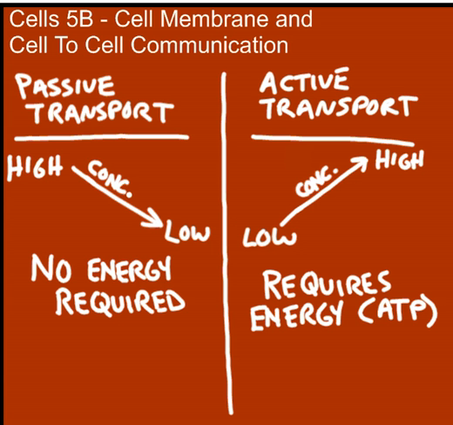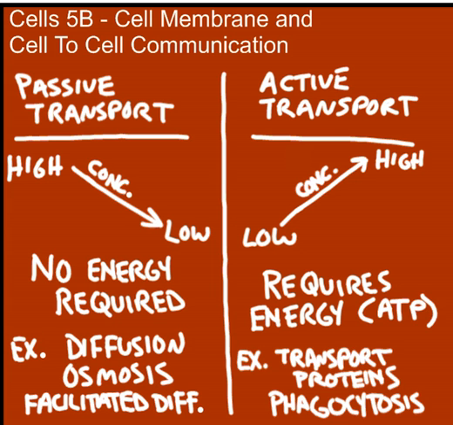Active transport is going to need energy in the form of ATP. Examples for passive transport would be diffusion, osmosis, and facilitated diffusion. Active transport is carried out by transport proteins, or when the cell membrane pinches in, we call that phagocytosis. Endocytosis is moving in, exocytosis is moving out.